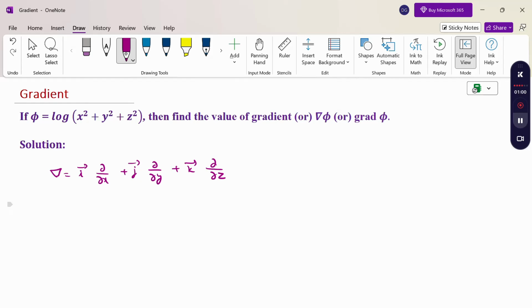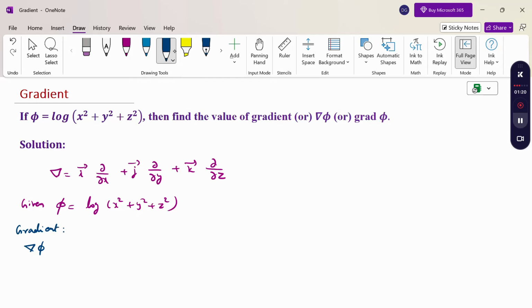Then given phi equals log of (x square plus y square plus z square). Now the question is find del phi or gradient.